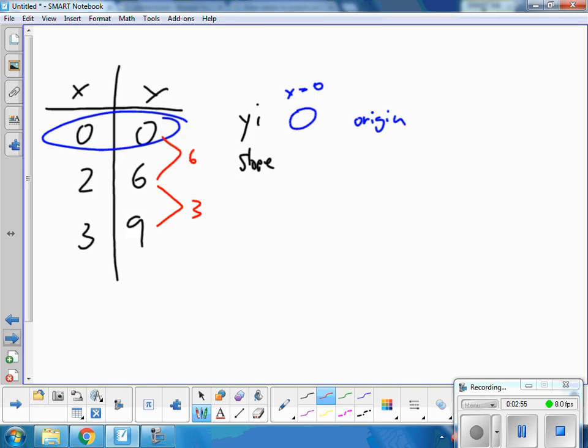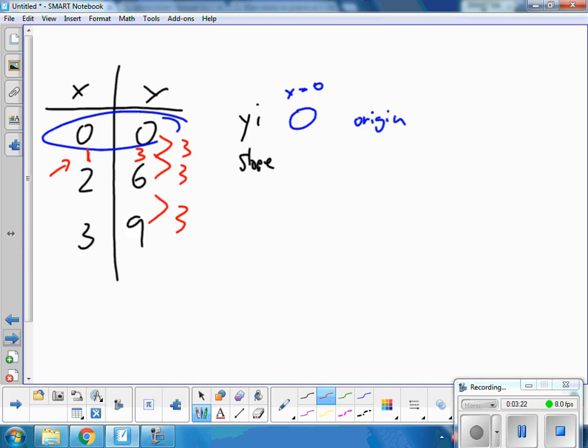So it's not consistent, but if I notice over here, it's missing the 1. It doesn't go 0, 1, 2, 3, it goes 0, 2, 3. So if I add the 1 in here, I can see that it's going to go 0 to 3 to 6 to 9. So if I rework that, I can see that it goes 0 to 3, which is 3, 3 to 6, which is 3, 6 to 9, which is 3.